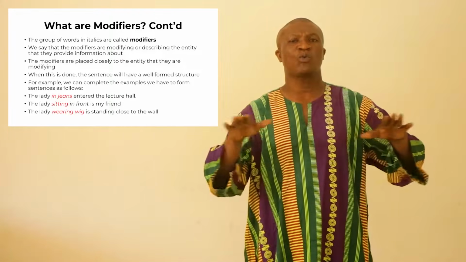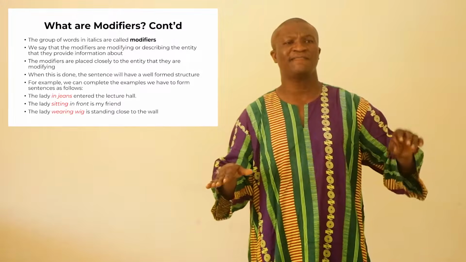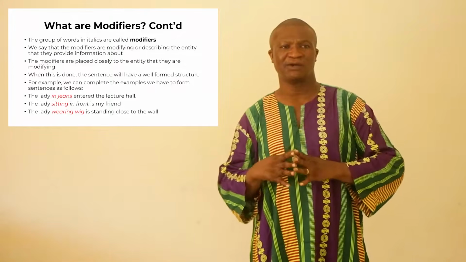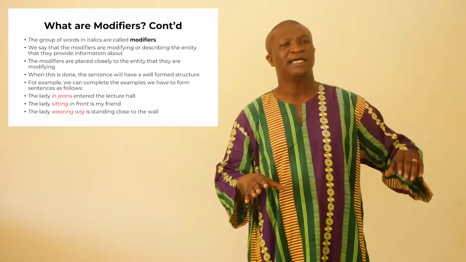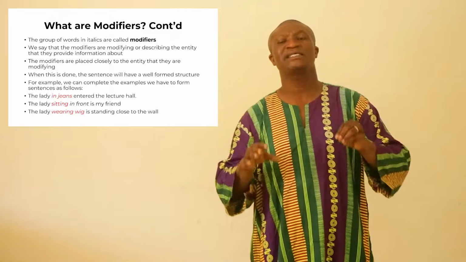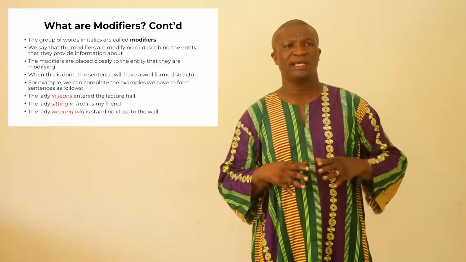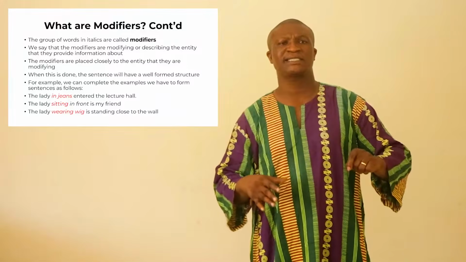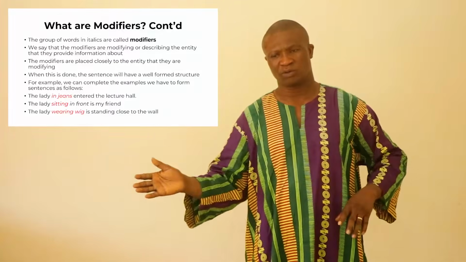That sentence is well formed because we have the lady. Which lady? The lady in jeans entered the lecture hall. Then we have the lady. Which lady? The lady sitting in front is my friend. The lady. Which lady? The lady wearing wigs is standing close to the wall.